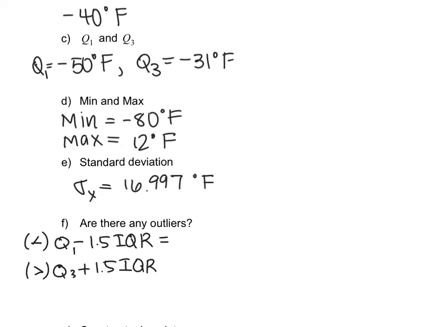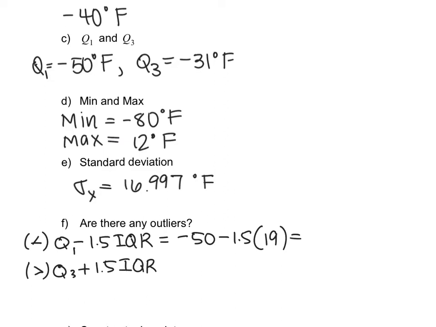So quartile 1 was negative 50 minus 1.5. Remember, IQR is calculated by doing quartile 3 minus quartile 1. So negative 31 minus negative 50, which is 19.